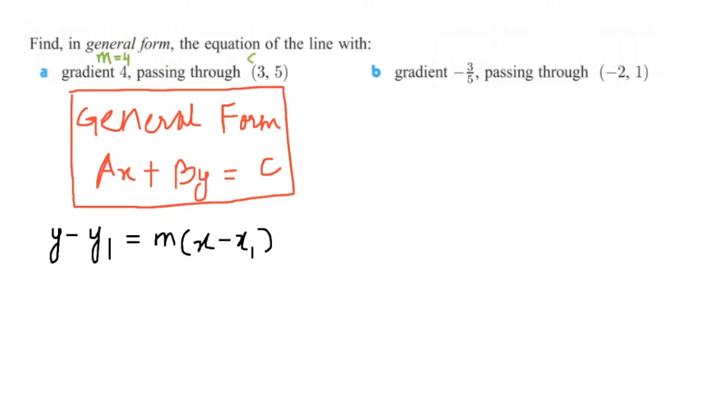I don't have to do anything about x and y because that needs to remain in the equation. I will just plug in the values of x1, y1. So y minus 5 is equal to 4 times x minus 3. Now multiply with this 4 and open the bracket.